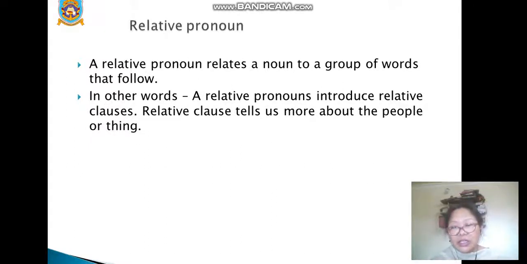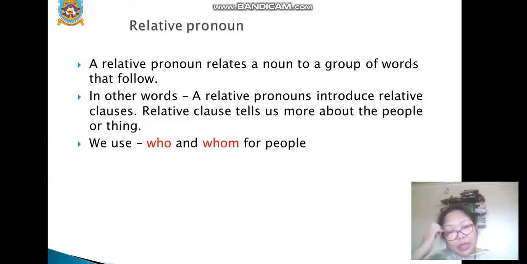A relative clause tells us more about the people or things. You will understand it better with examples.